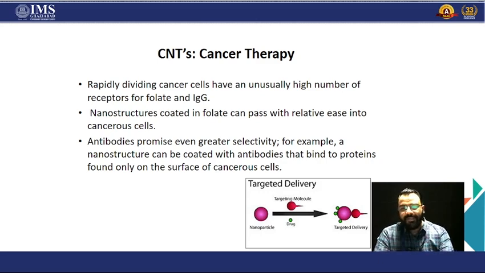We can also use antibodies with the nanostructures. We can coat the nanostructures with the antibodies to bind the proteins. So basically what we are doing, we are taking a nanostructure, CNT. In the vicinity of that nanostructure, we are using the drug which has to be delivered for the particular targeted cell or organ, and that nanostructure is made compatible to that particular cell or organ.